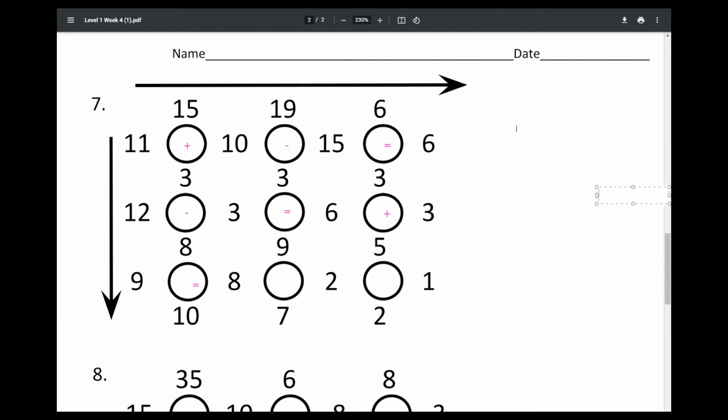I think I see Mary Grace has her hand raised. All right, Mary Grace? Can you do on the last row 9 equals 8 plus 2 minus 1? Right, right.